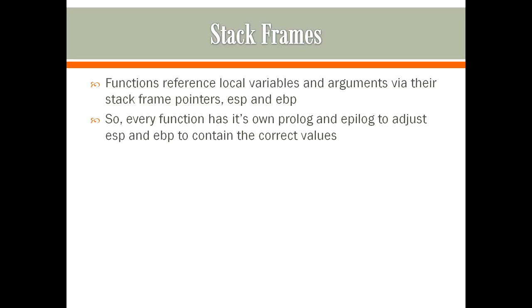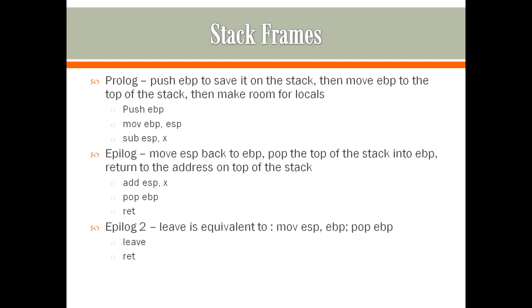Functions reference local variables and arguments via their stack frame pointers ESP and EBP. So every function has its own prologue and epilogue to adjust ESP and EBP accordingly so that they are pointing to the correct content. The prologue will consist of pushing EBP to save it on the stack, then moving EBP to the top of the stack, and finally making room for local variables.